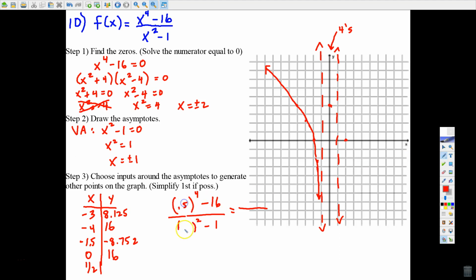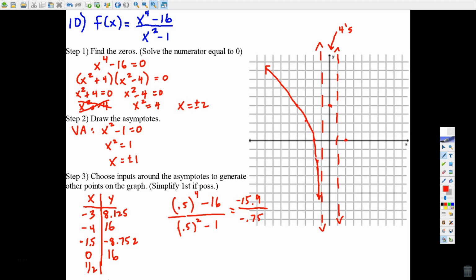So I'll just do 0.5, and we'll use our calculator. 0.5 raised to the 4th minus 16, and that's, I'm going to call that -16, well, -15.9. And then 0.5 squared minus 1 is -0.75.